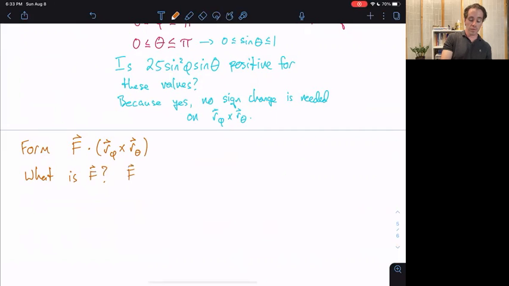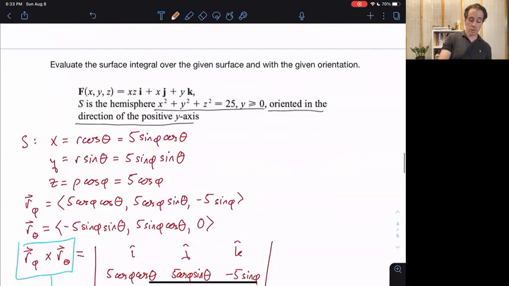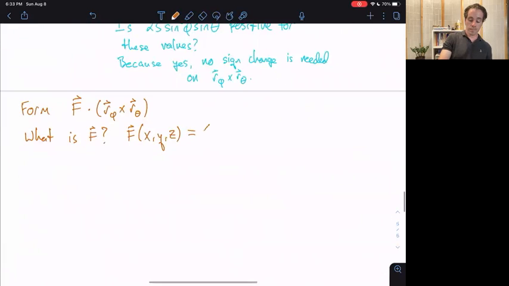We know that F of x, y, and z is, and you can scroll up and see, it's xz, x, and y. But the parameterization means that now we're going to be thinking of x, y, and z as functions of phi and theta. You usually don't write it this way, but just to drive it home.